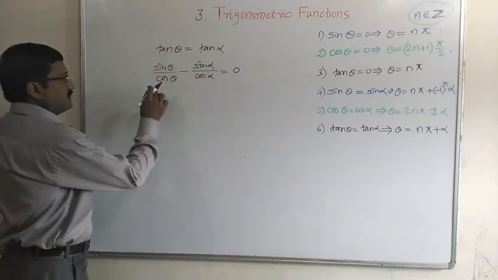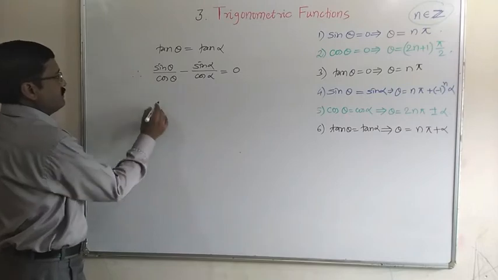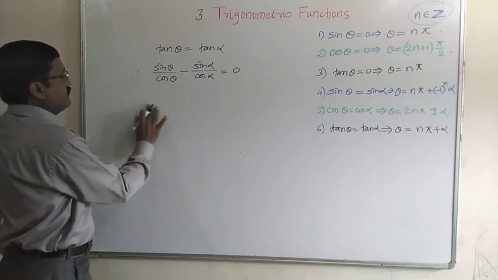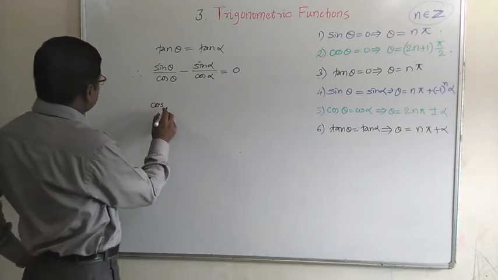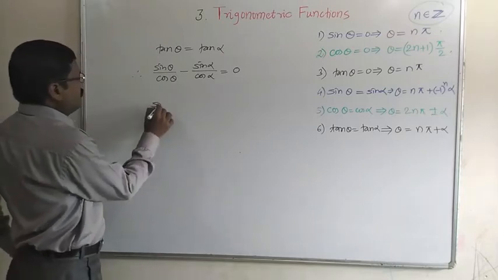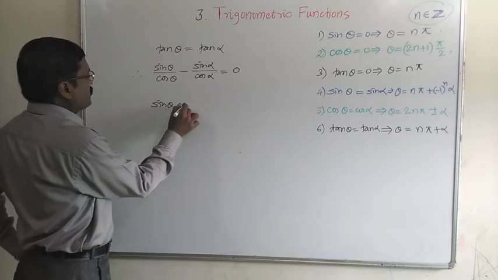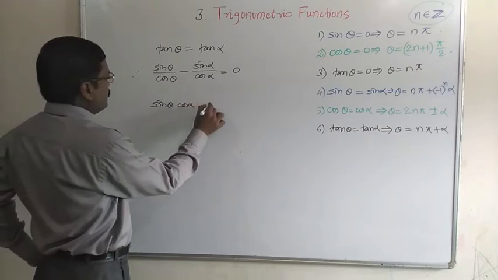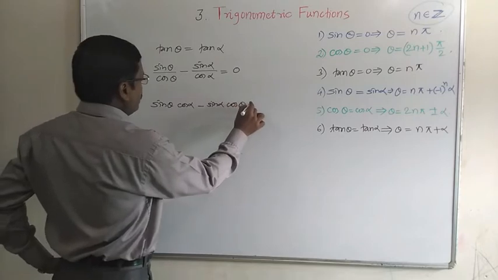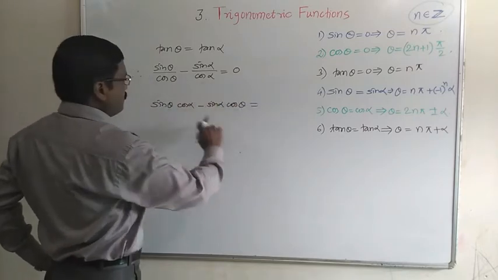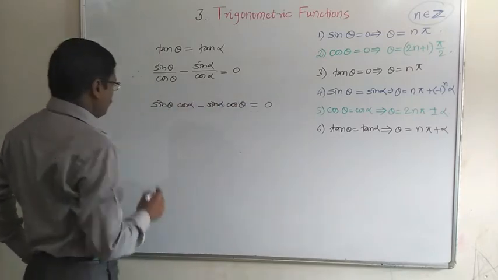Just make the denominator the same here. We get sin theta cos alpha minus sin alpha cos theta upon cos theta cos alpha, taken to the right becomes 0.